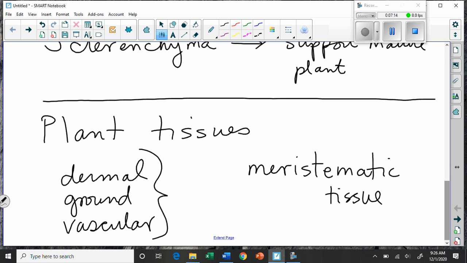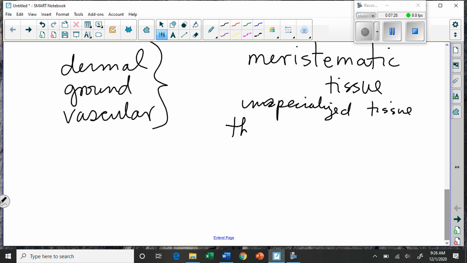It's unspecialized tissue or cells, and what it does is it grows rapidly. So anytime you have a place in a plant where there's rapid growth, you're going to see this meristematic tissue. A region that has meristematic tissue is called a meristem.